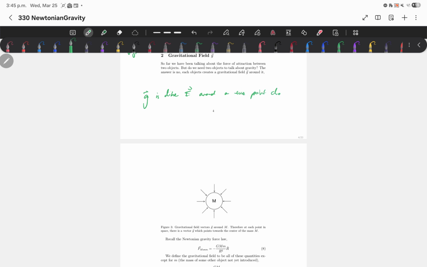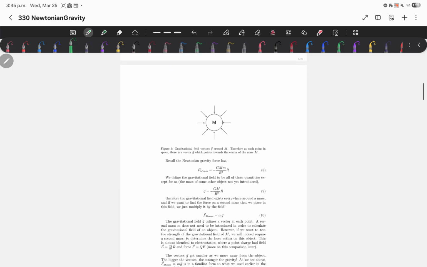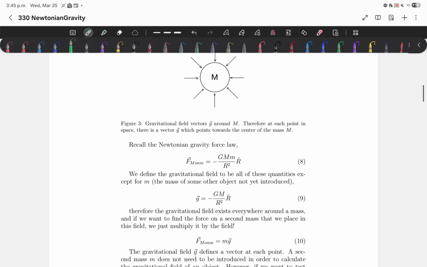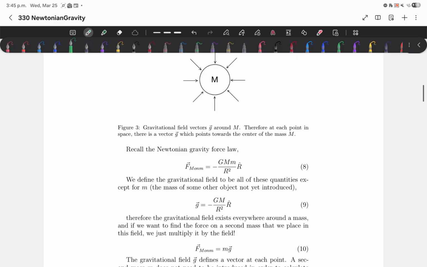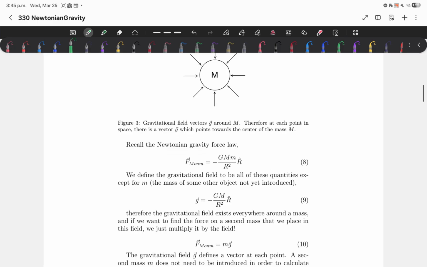So what do we do? Well, we introduce something called the gravitational field of an object, let's say it has a mass big M, where g vector is negative GM over r squared r hat. That is almost identical to what we had for the electric field due to a point charge.